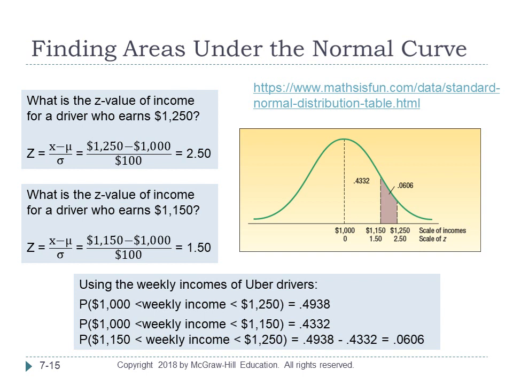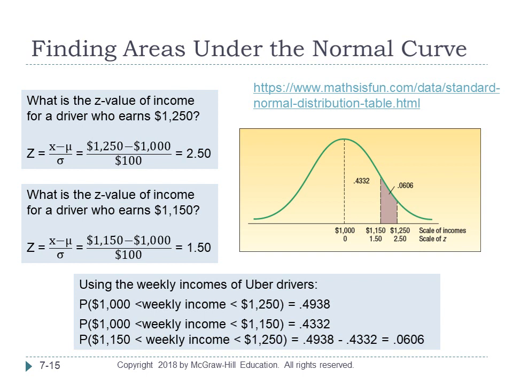Starting with the larger area, the probability that the income is between 1,000 and 1,250, that corresponds to the z value 2.5. The area will be 0.4938. The smaller area, which is between 0 and 1.5, this is the probability that the income is between 1,000 and 1,150, and that's equal to 0.4332. Now the shaded area that we want is the difference.